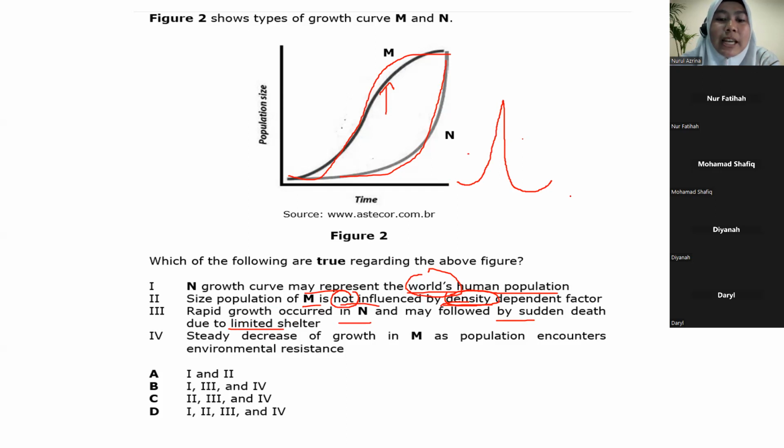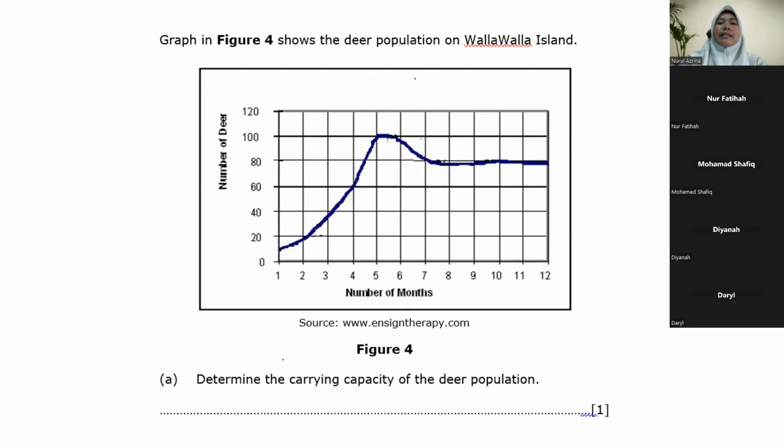So you have to remember that. Steady decrease of growth in M as population encounters environmental resistance. Environmental resistance here means obstacles in the environment, like limited resources. So the answer is 1, 3 and 4. Okay, next, structure question.